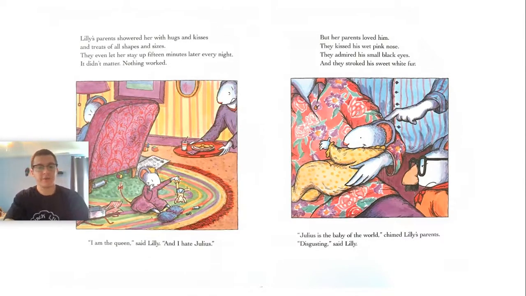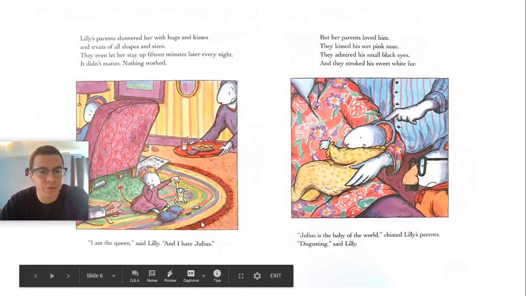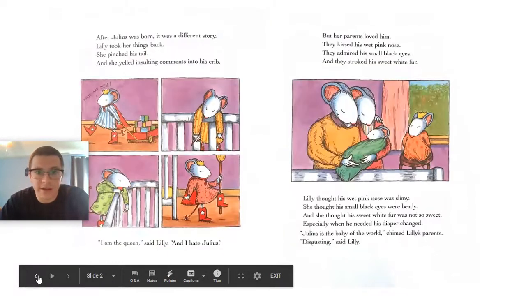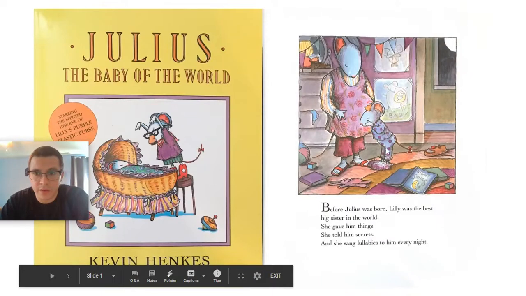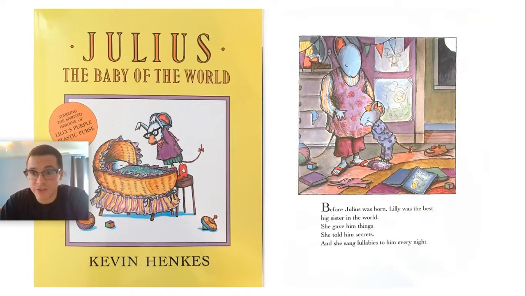So, when we're looking for the problem in this story, we're looking for something that is an issue with the main character. So, there definitely seems to be a problem that Lily is experiencing right now. When we go back to the very, very beginning, everybody is calm and happy. She is excited to be a big sister. She even has a drawing on the wall that she made with the baby Julius inside her mommy's belly.